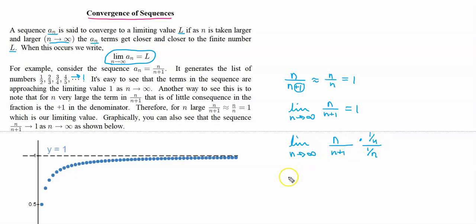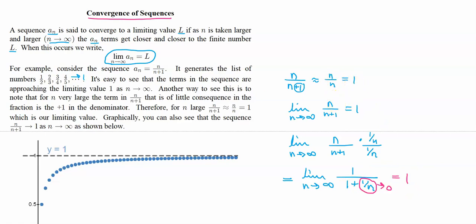Now just multiply these through and you get there you go. And of course, as n goes to infinity, this term right here is approaching 0. And so we see that our limit is going to be 1 over 1, which is 1, which is exactly what we thought it should be.